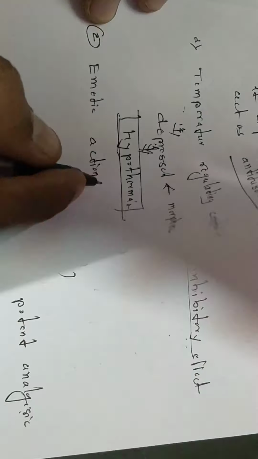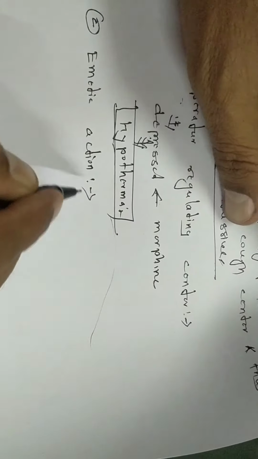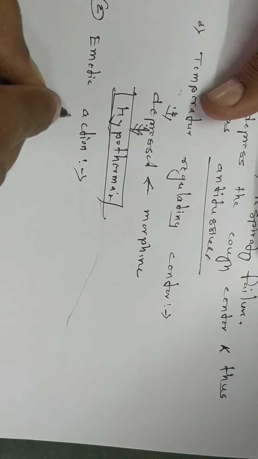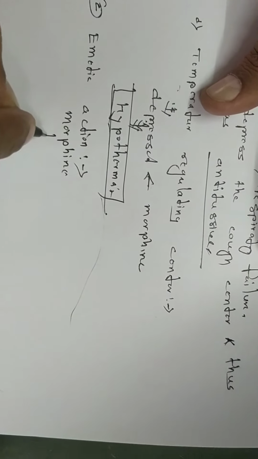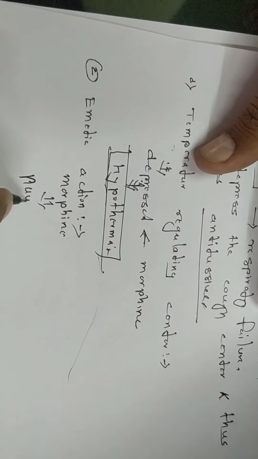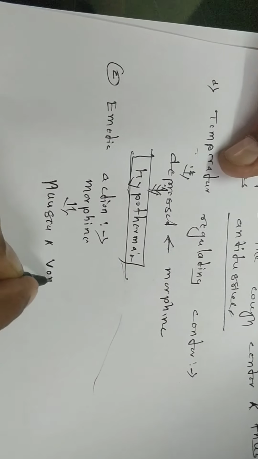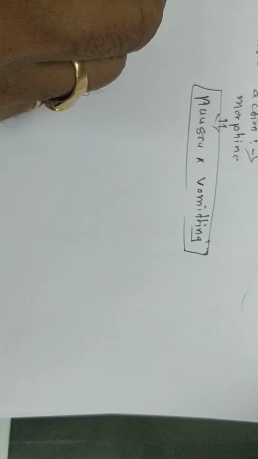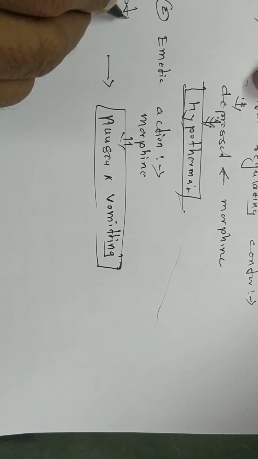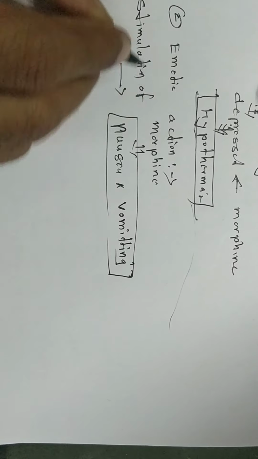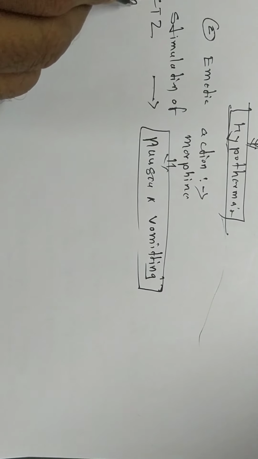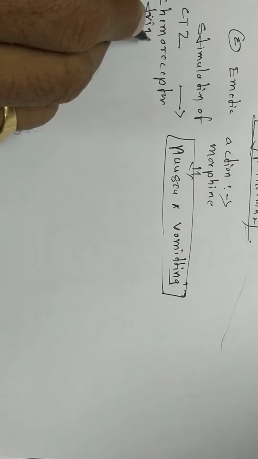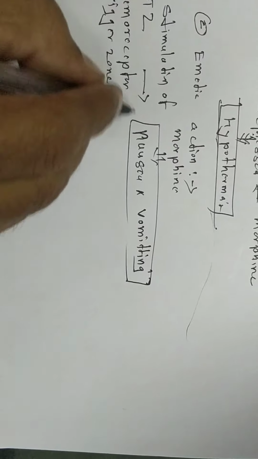Emetic action. Morphine produces nausea and vomiting due to stimulation of the CTZ, the chemoreceptor trigger zone, the center responsible for producing nausea and vomiting.